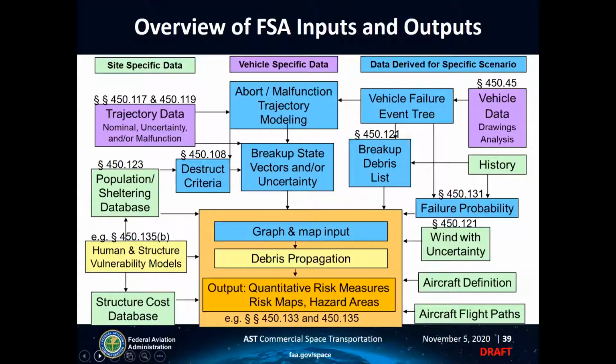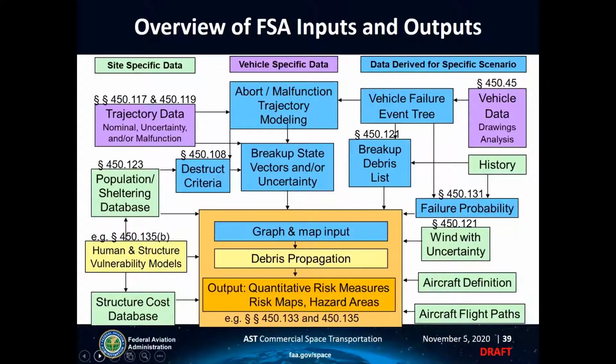So the light blue refers to data that would be derived for a specific scenario. So for example, the failure probability over here on the right-hand side, which is a subject of 450.131, is one of the key inputs. There would be the flight history for vehicles that were developed and launched under similar circumstances, as well as perhaps some environmental factors that could influence that.